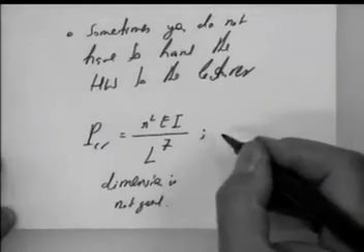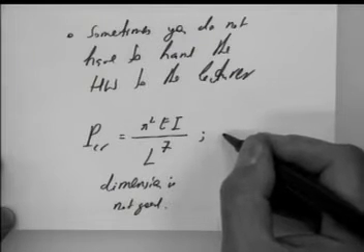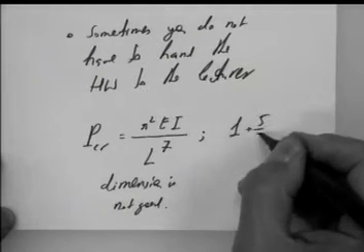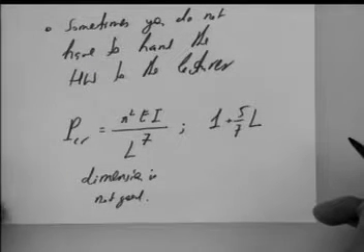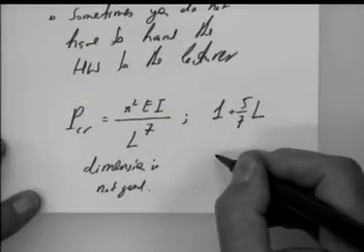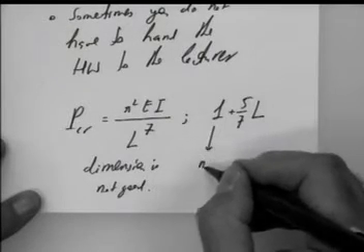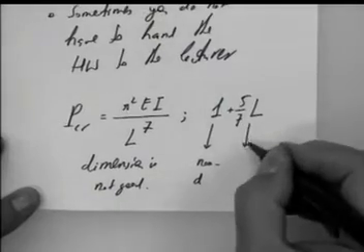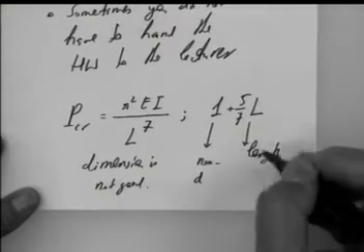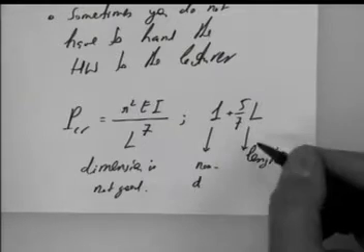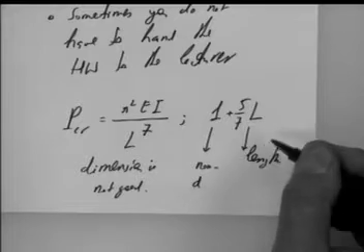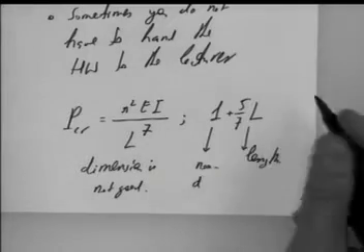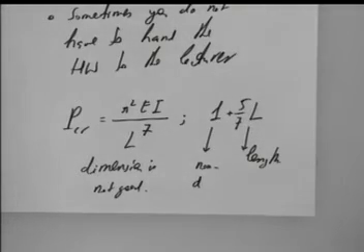Or if you have, for example, some expression that involves 1 plus 5/7 L, that means something non-dimensional, and this has a length dimension. So we already know that that is a mistake, so a person does not have to hand such a work to the lecturer. He or she can actually check this and immediately find the mistake.